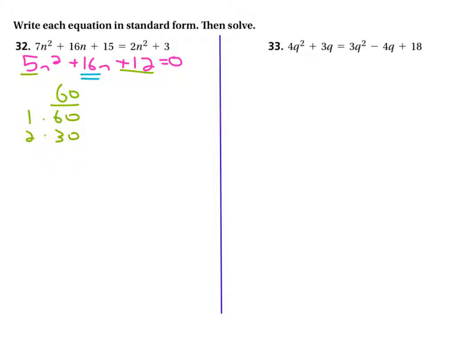Remember, I'm looking for two that add up to 16, and so far those don't. 3 times 20, 4 times 15, 5 times 12, 6 times 10. Aha, 6 times 10 adds up to 16. That's what we want. So I'm going to get rid of everything else, and we're going to use that set of numbers.